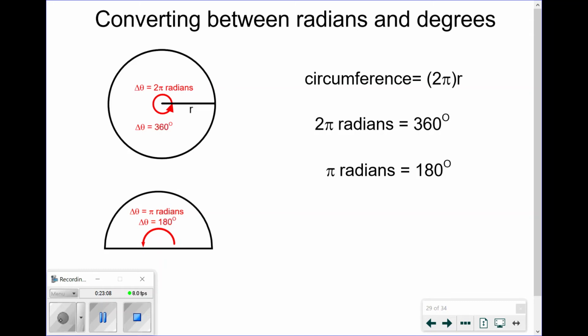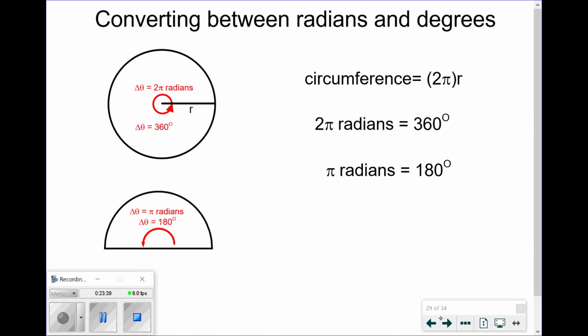We actually will not be doing a whole lot of converting from one to the other, but you might be put in a situation where you'll have to convert from degrees into radians or vice versa. Simply because a lot of times people feel it's easier to work with degrees than radians for visualization, because most of us can easily picture 90 degrees, or 180 degrees, or 30 degrees.